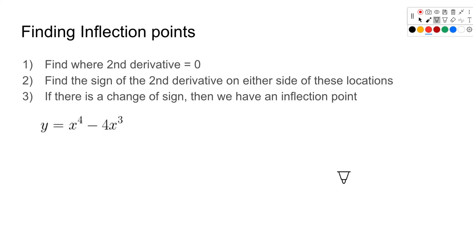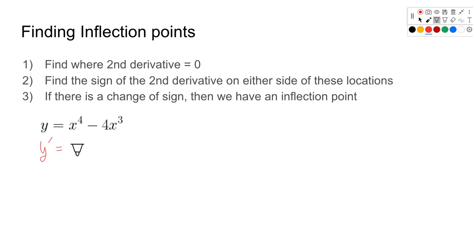So here's an example. We've got a function, and we want to look for inflection points. What's your suggestion? Take the second derivative. But before we take the second derivative, we have to get the first derivative.